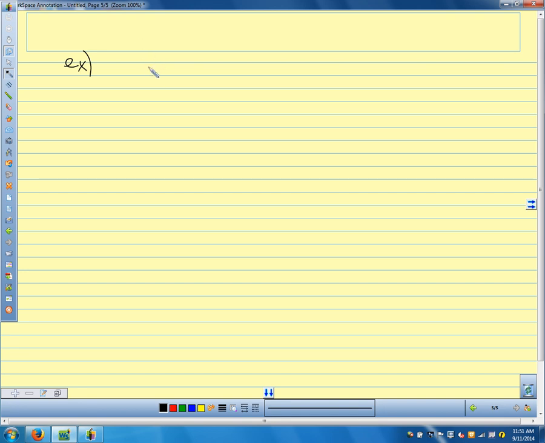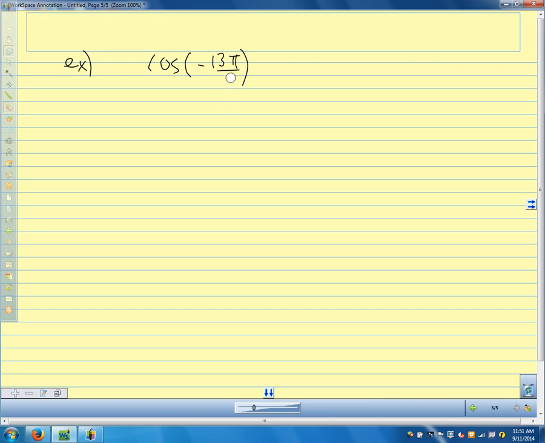Let's find the cosine of negative 13 pi over 6. Well, rather than having to deal with a negative angle, let's deal with that negative sign first. The cosine function is even or odd?